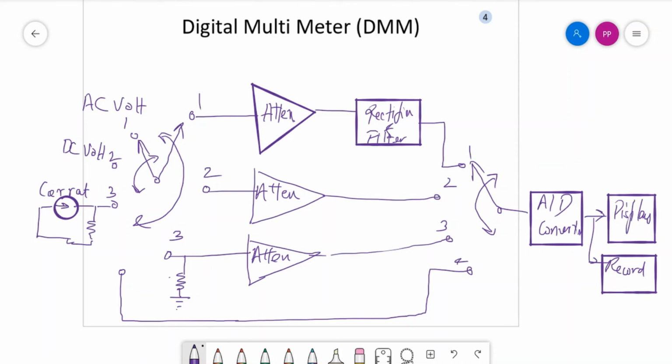So the basics have already been discussed. In this lecture we have discussed the current and resistance, and in an earlier lecture we have discussed voltage.